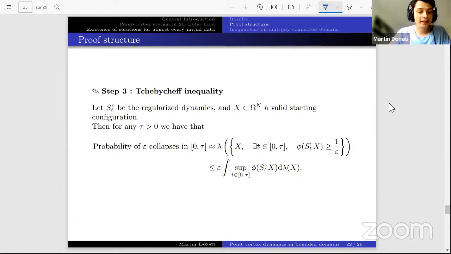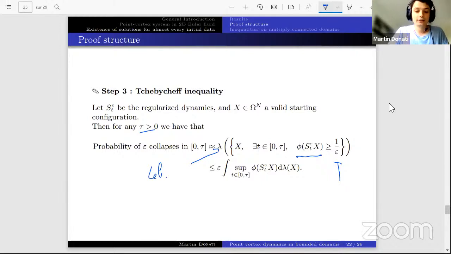So if you introduce S_t epsilon, the regularized dynamics, the one we will be working with, then if you fix one time tau, the probability of epsilon collapse is approximately, so this is the Lebesgue measure, the Lebesgue measure of the set of initial data that leads at some time between 0 and tau to the energy of the solution being big. How big? Being 1 over epsilon big. Okay, so we constructed everything so that this could be true.